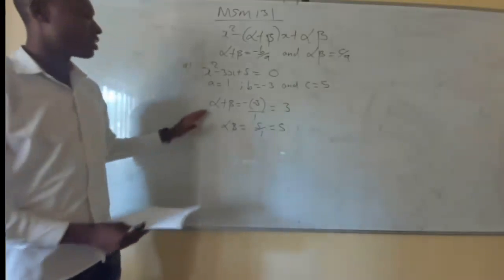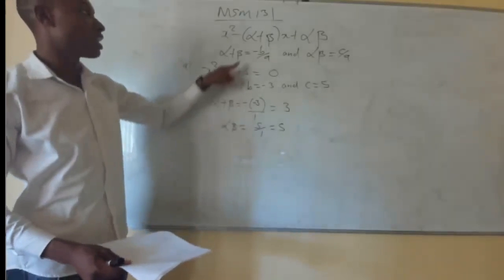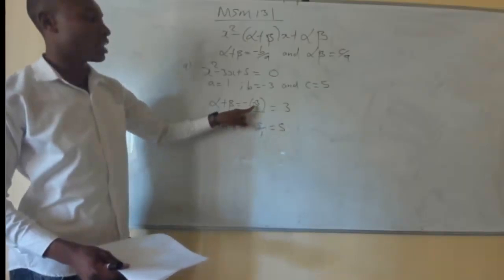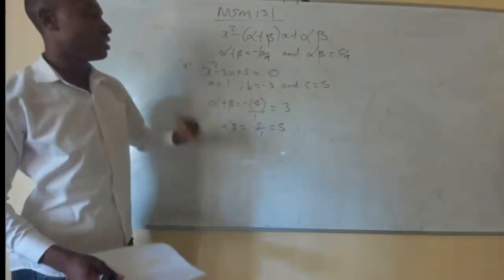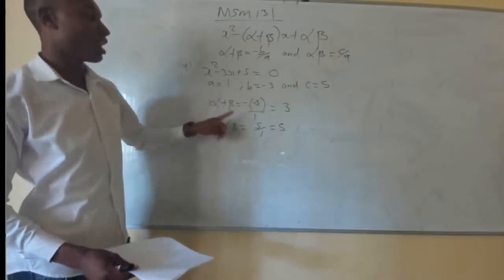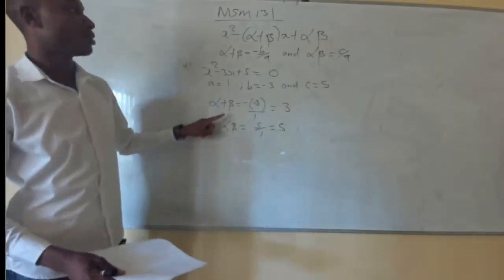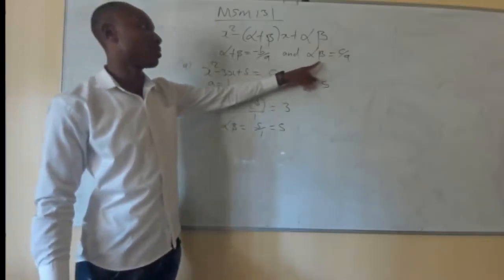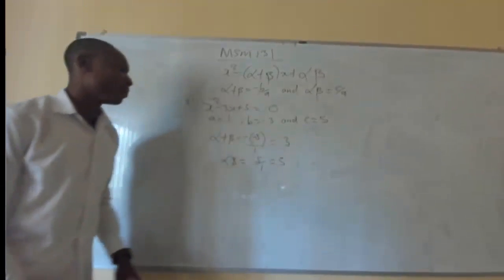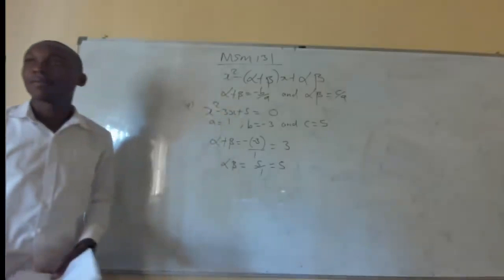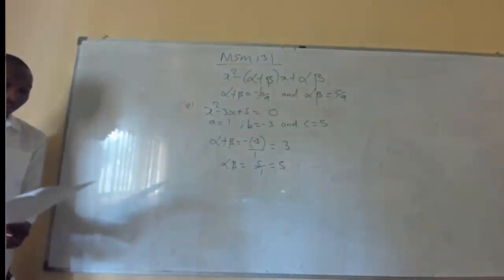So to find the sum, I said the sum is negative b over a, so what was b in this case? Negative 3. But there's a negative outside the b, so I put the negative over 1, which is equal to 3. Then we have the product, which is alpha times beta is equal to c over a, and the product is found as 5 over 1, which is just 5. Okay, so that ends that question.